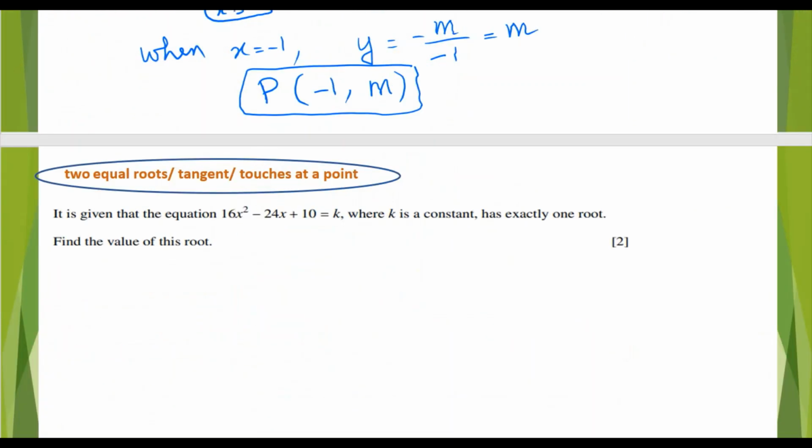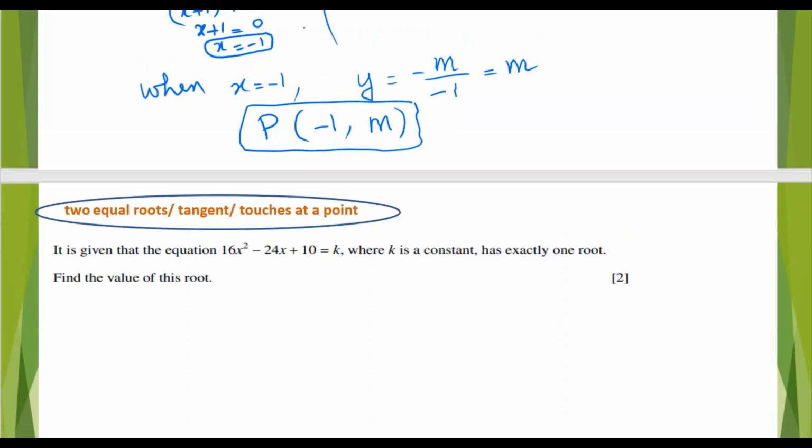Given that the equation 16x squared minus 24x plus 10 equal to k, where k is a constant, has exactly one root. Find the value of this root. So in this case, b squared minus 4ac is equal to 0. First we'll rearrange the given equation. 16x squared minus 24x plus 10, bring that k to the left hand side.